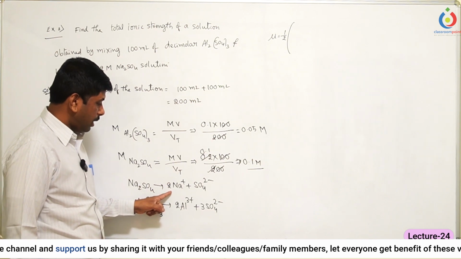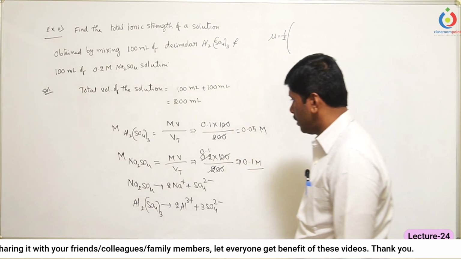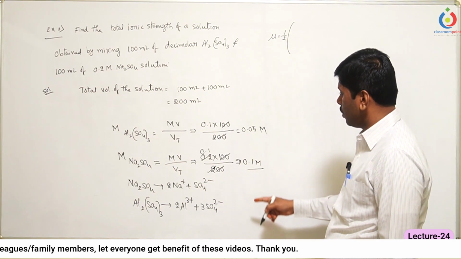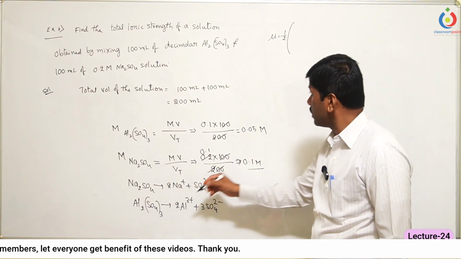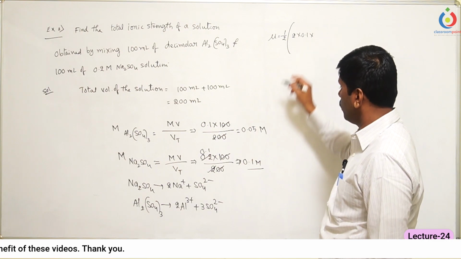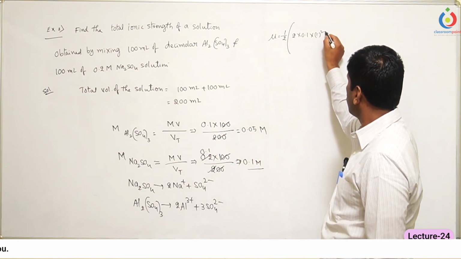So how many number of ions are these? Number of ions we have to consider it. So let us take here. Let us consider the sodium sulfate. Sodium sulfate concentration is 0.1. 2 sodium ions are there. So the 2 into 0.1 into charge on each sodium is only 1, so that 1 square.